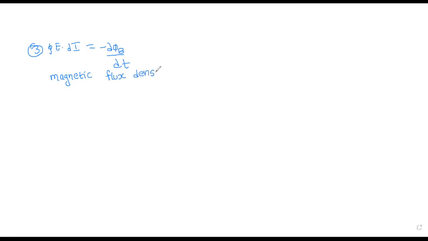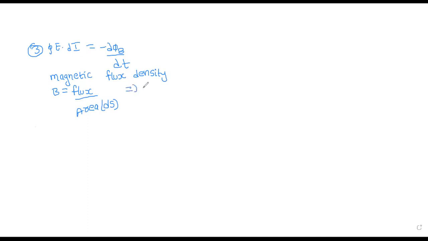Magnetic flux density is given by B, which is flux by area, and this area is denoted by dS.